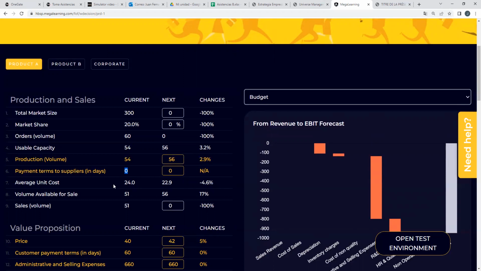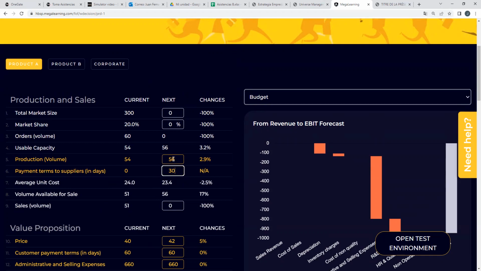If you put, I'm going to improve my cash flow, I'm going to move this supplier, and I won't pay him immediately. I will pay him 30 days later.